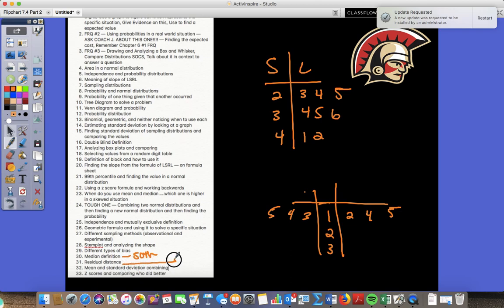percentile. Residual distance is y minus y hat, okay? So I take my actual minus my predicted, and making sure that I actually got that definition right. I think it's y hat minus.